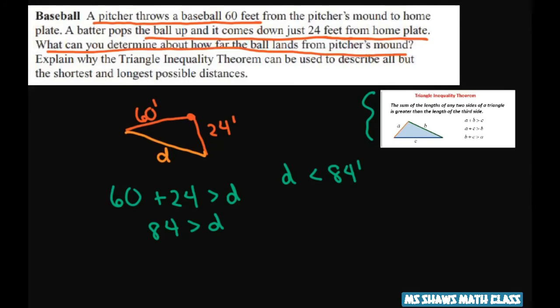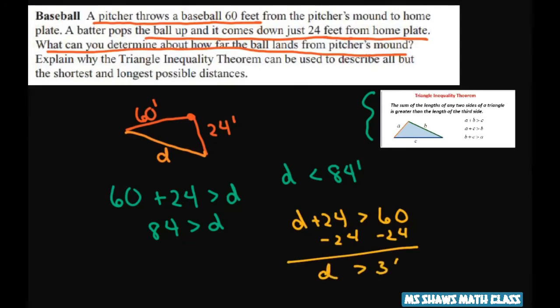We're going to write d plus 24 has to be greater than 60. Subtract 24 from both sides of the inequality, and you get d has to be greater than 36 feet. So d has to be in between 36 feet and 84 feet.